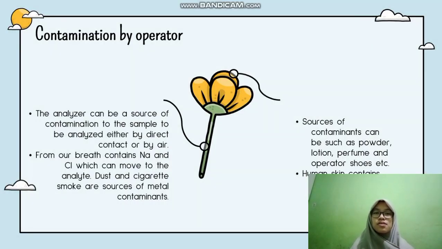Contamination by the operator. The analyst can be a source of contamination to the sample to be analyzed, either by direct contact or by air. Our breath contains NaCl, which can move to the analyte, as well as dust, cigarette smoke, and trace metal contaminants.